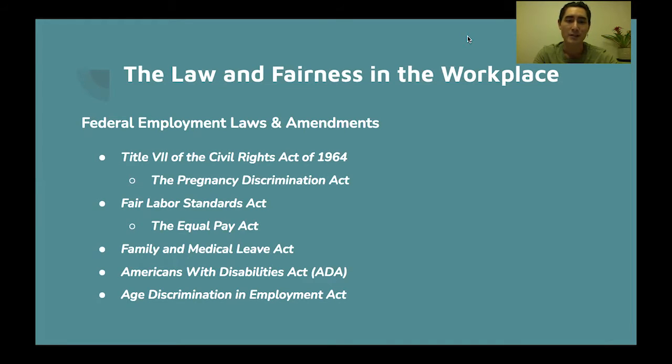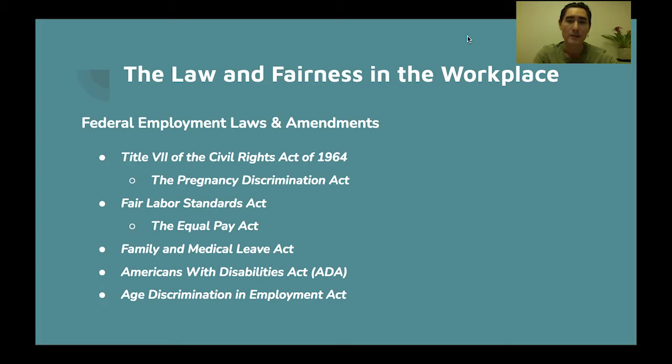The Pregnancy Discrimination Act amended Title VII to make it illegal to discriminate against a woman because of pregnancy, childbirth, or medical conditions related to pregnancy or childbirth. The Fair Labor Standards Act provides regulation as to the duration of workdays and breaks an employer must provide.